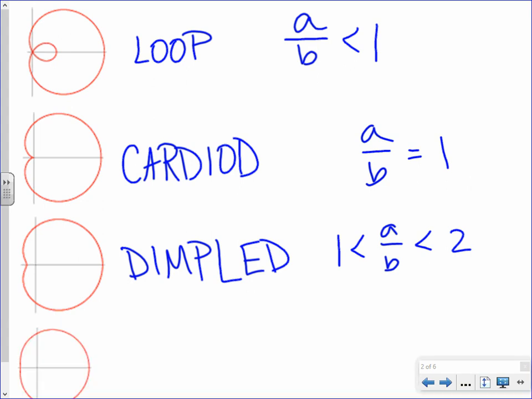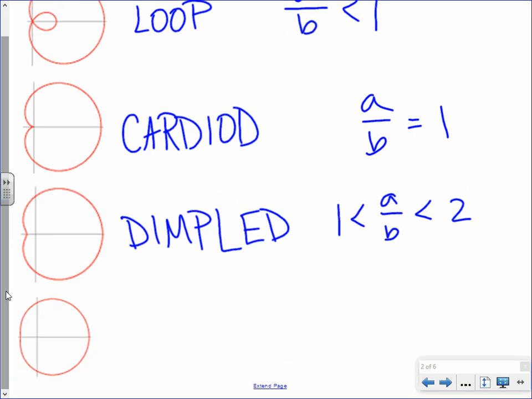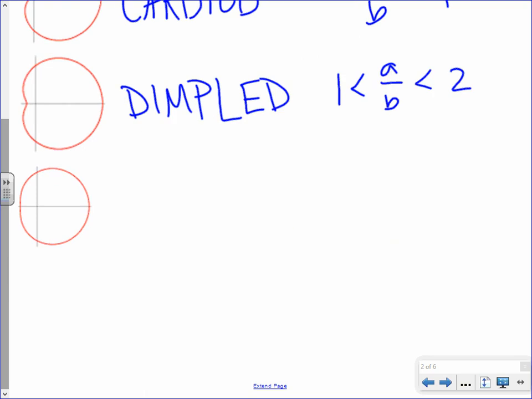And then finally, we have this one. It almost looks ovalish, but it's just a little bit flat right here.